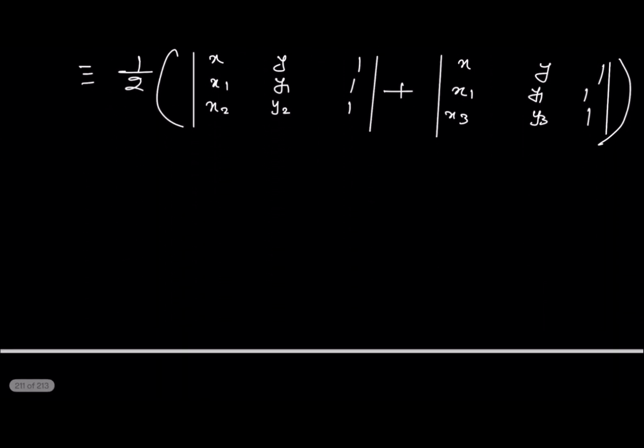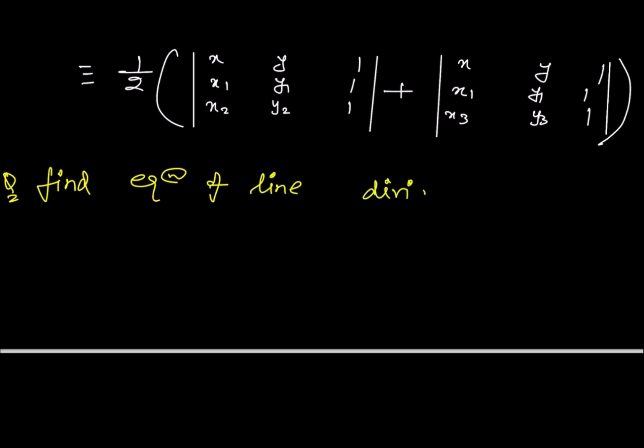Take another question. Find the equation of the line dividing the base in the ratio lambda is to 1.